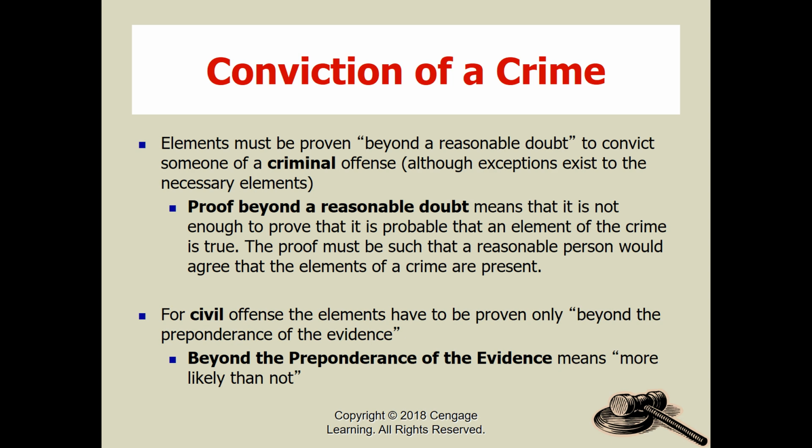And of course, we should remember that before there can be a conviction, which presupposes a trial, there has to be an arrest. And the standard for arrest, for the presentation of evidence, is, I guess, the lowest of the standards we're going to talk about. That's probable cause.